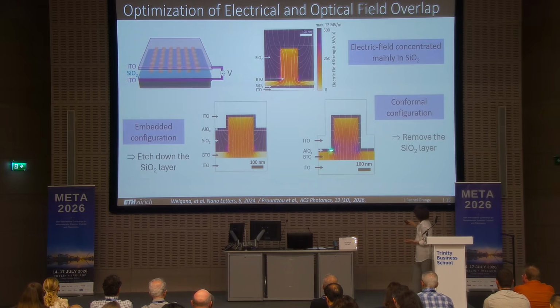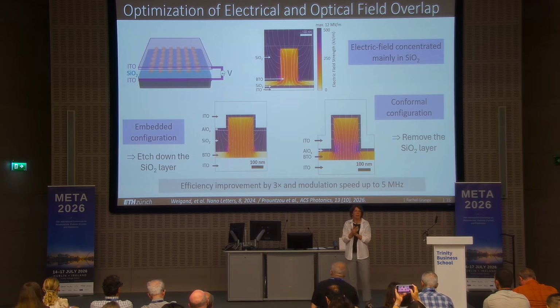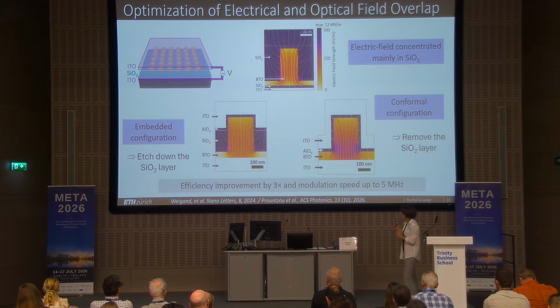Or you can even do a conformal configuration so that you have an even stronger electric field inside your material. So this is a way of getting an improvement by a factor of 3 of the efficiency of the material, and also a modulation speed up to 5 megahertz.